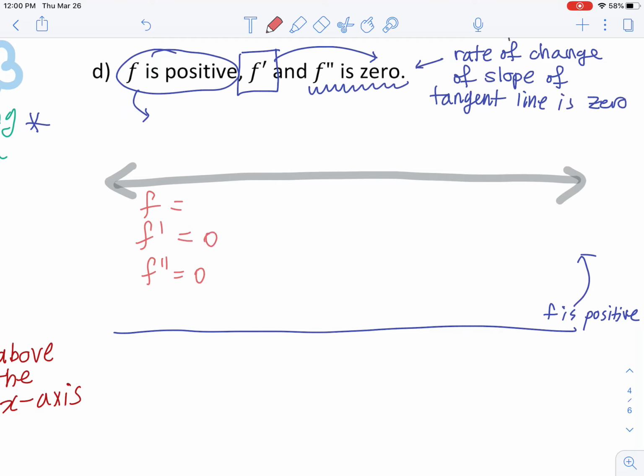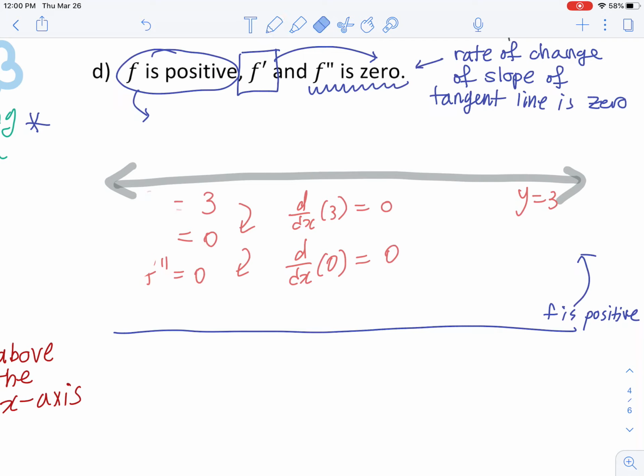So that probably doesn't work. How about I make f prime be just 0 there, and then I can have, say, 3 right there. The derivative of 3 is going to be 0, and the derivative of 0 is just 0. So this looks like a graph of y equals 3. So that may be one equation that satisfies these 3 conditions.